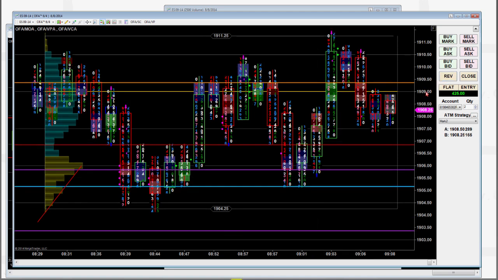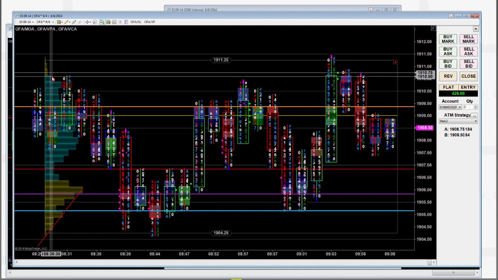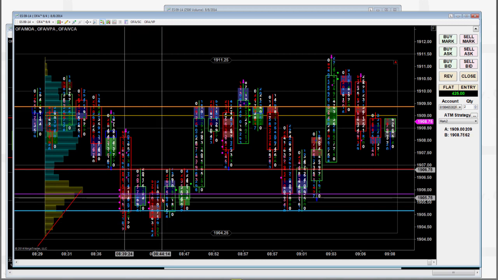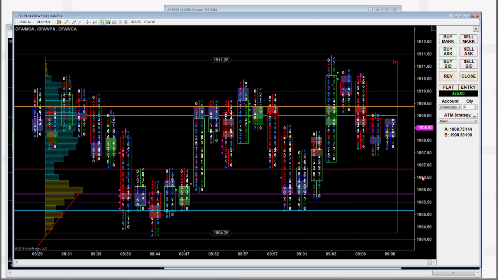When I look at the auction profile to the upside, there's a little bit of a finish to the upside as well. But this tried testing lower 1, 2, 3, 4 times.